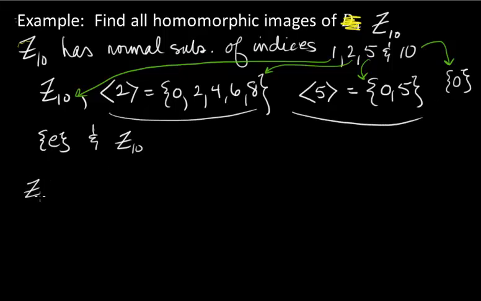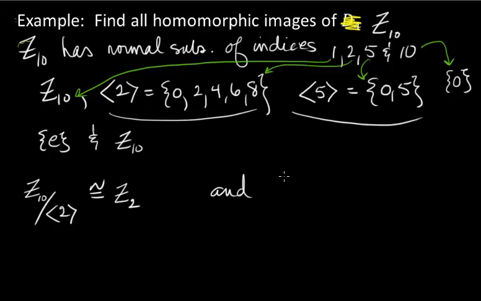Okay, Z10 mod the subgroup generated by 2 is isomorphic to, well, it has 2 cosets. So there's only one group of order 2, the little abelian group, and we'll just call it Z2.